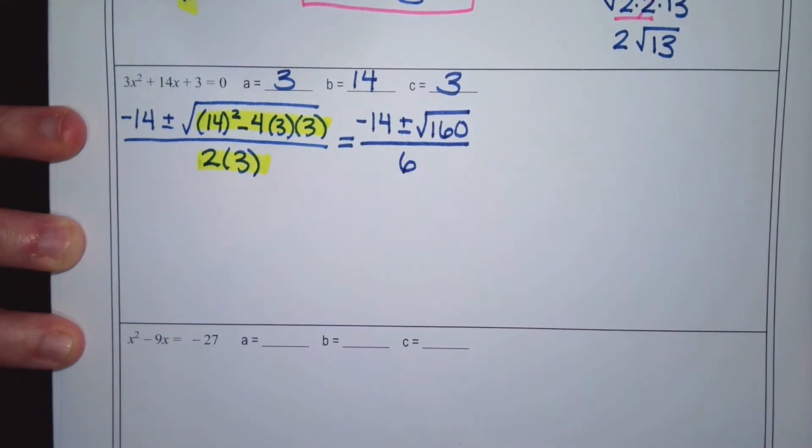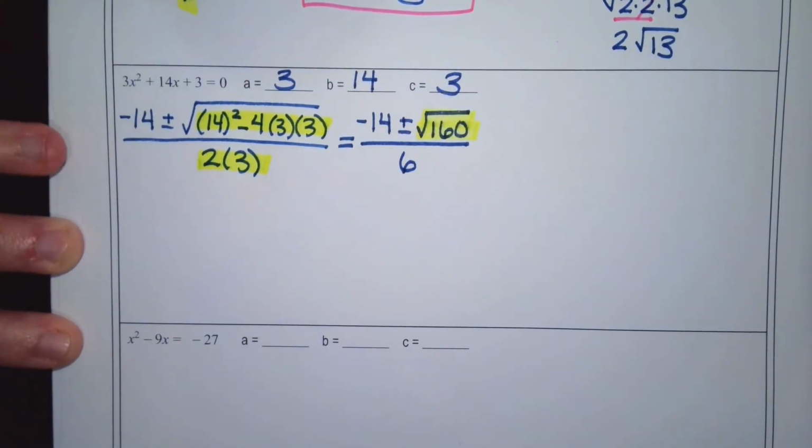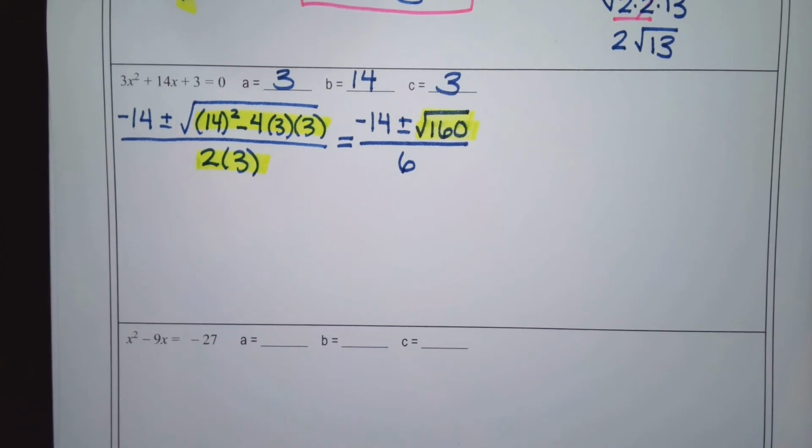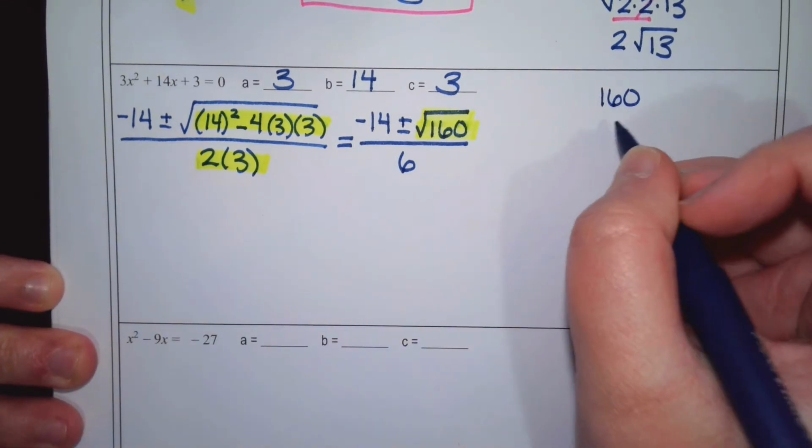So now we need to check the square root of 160. It is not a perfect square, so we are going to break down 160.